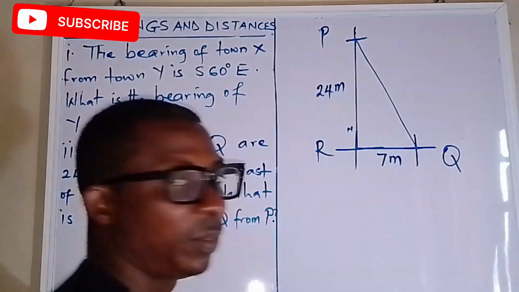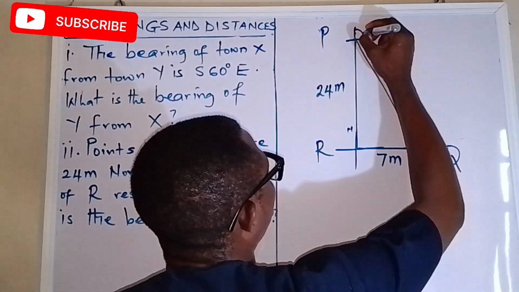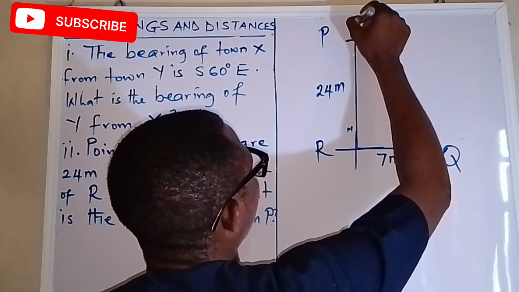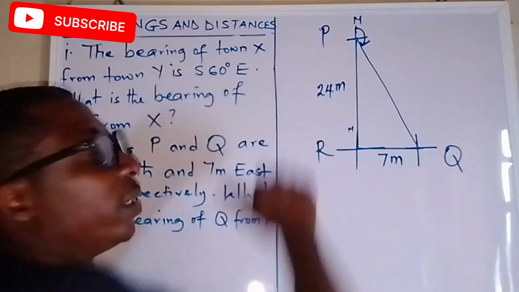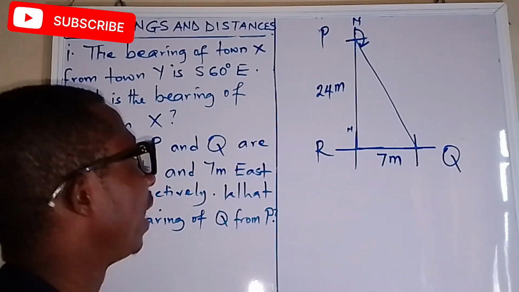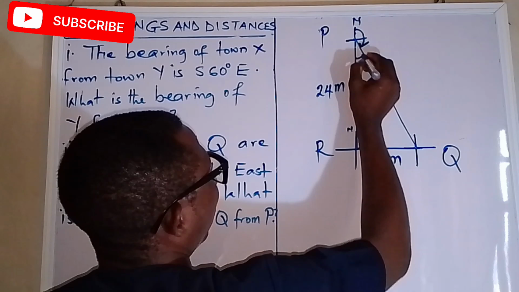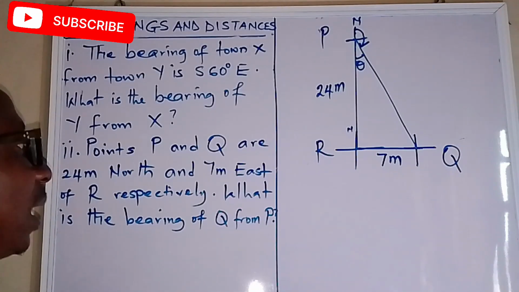The bearing of Q from P is the angle here, where this is the north pole of P. So how do we get that? Let's say this angle is theta. Let's get theta.